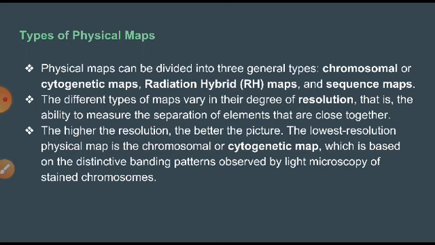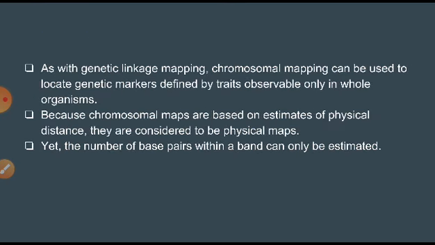You can see the picture I showed you in the beginning. There you see the cytogenetic map. It is a little hazy and gives you a coarse picture, which is based on the distinctive banding pattern observed by light microscopy of stained chromosomes. As with genetic linkage mapping, chromosomal mapping can be used to locate genetic markers defined by traits observable only in whole organisms.